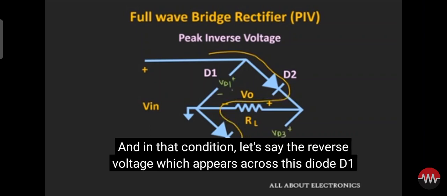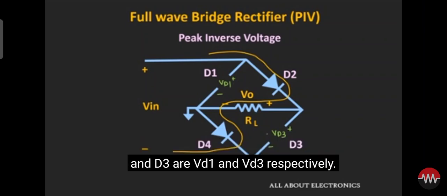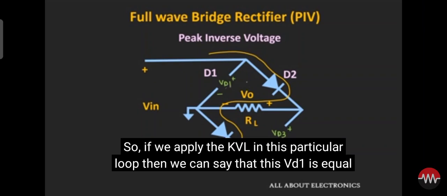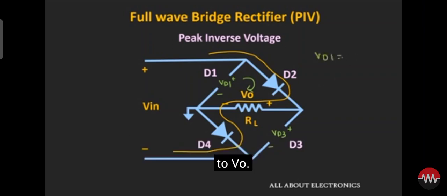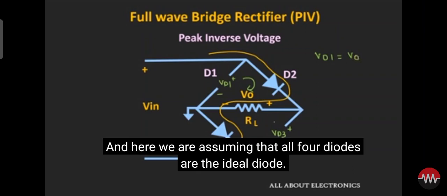And in that condition, let us say the reverse voltages which appear across diodes D1 and D3 are VD1 and VD3 respectively. If we apply the KVL in this particular loop, then we can say that this VD1 is equal to V0. And here we are assuming that all four diodes are ideal diodes.